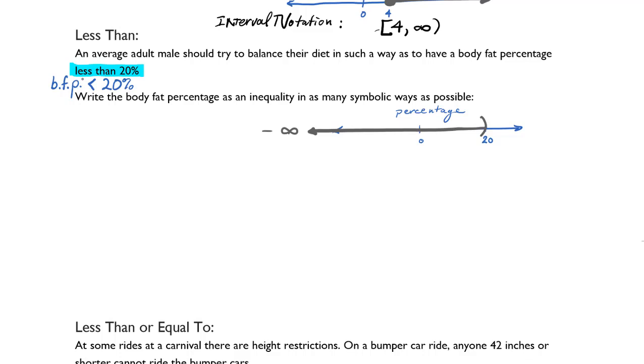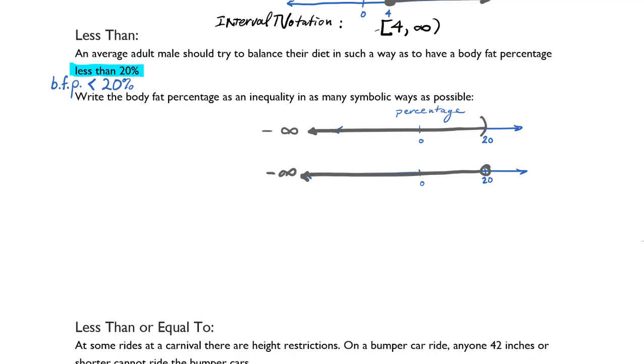Now, let's go ahead and write another inequality on a number line where we have 20 here to the right, and anything less than that. But this time let's use open dot, close dot. So since it's less than but not equal to, we leave the dot open and then point the arrow to the left.